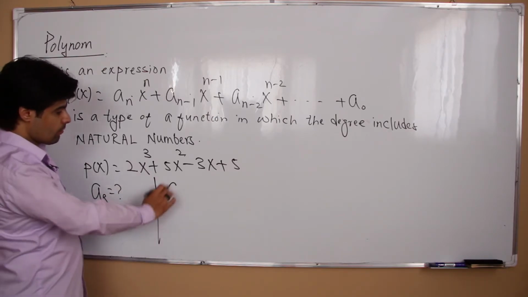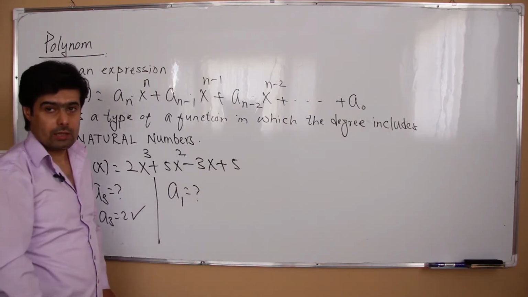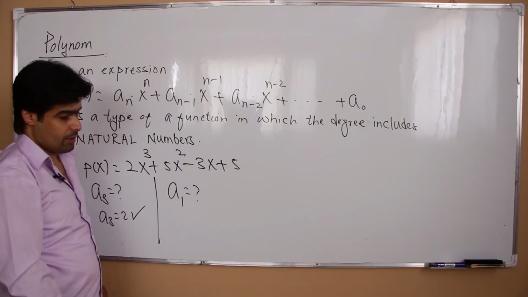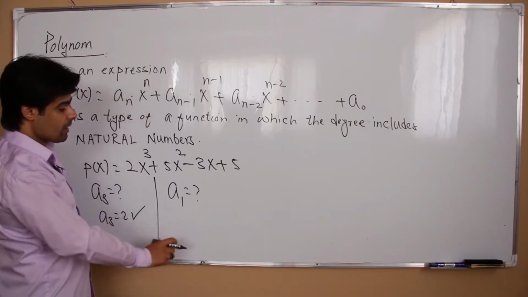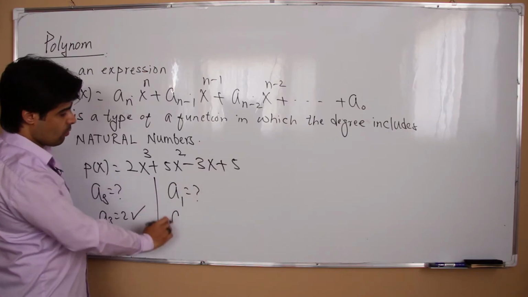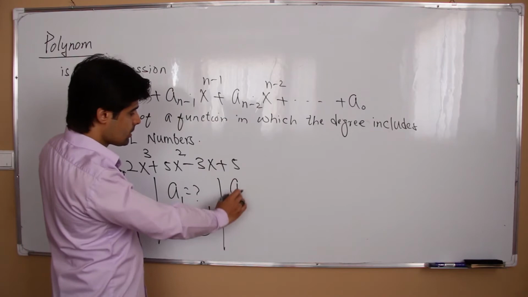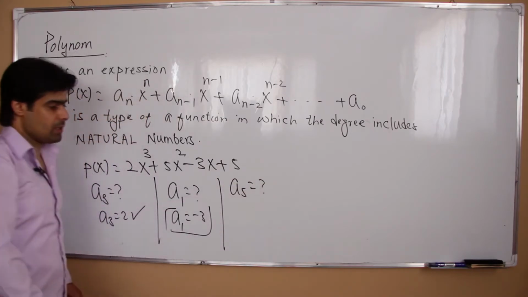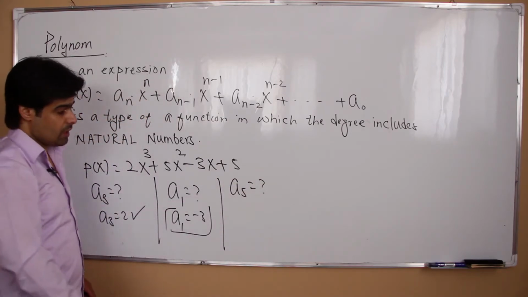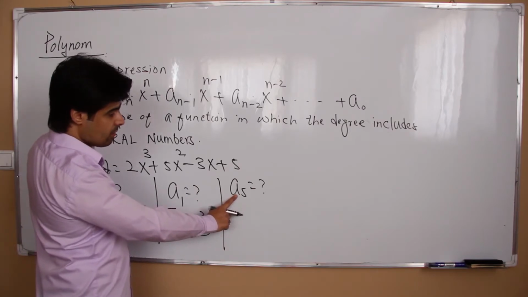If I say where is a1, what does it mean? a1 is the coefficient of the x which has the power 1. Its power is 1 in here, so we can say a1 is minus 3. If I say where is a5, what does it mean? It means the coefficient of the x whose degree is 5.